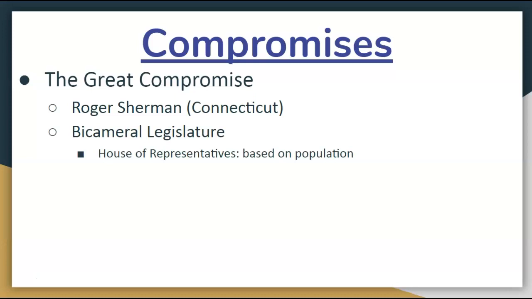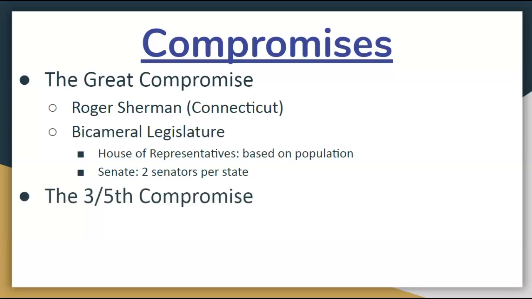The more people, the more representatives. And the Senate is equal, where each state gets 2 senators regardless of their population. So he splits the difference. That's what compromises are about, where part of it is equal and part of it is based on population. Try to make both big and little states happy.